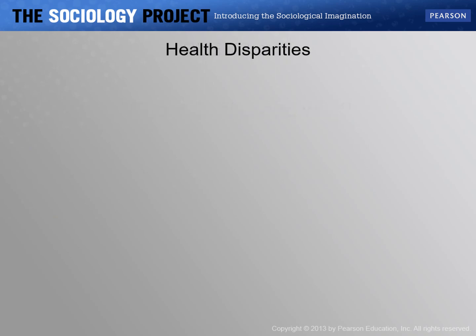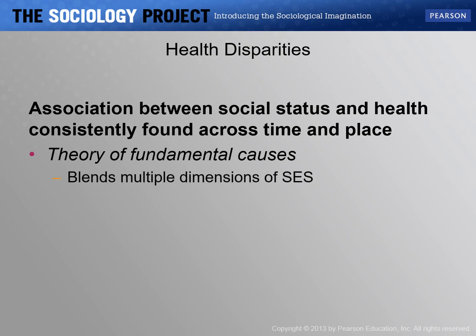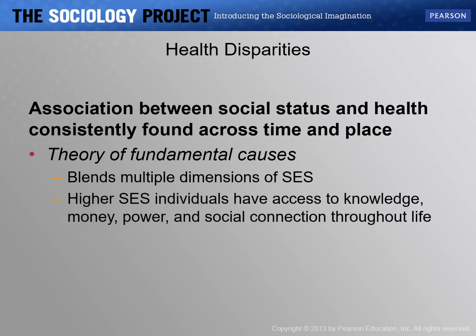Well, everyone gets sick. There are health disparities based on social status and health, consistently found across time and place. One theory is called the theory of fundamental causes. It blends multiple dimensions of socioeconomic status. Higher socioeconomic status individuals have more knowledge, more money, more power, and more social connections throughout life.